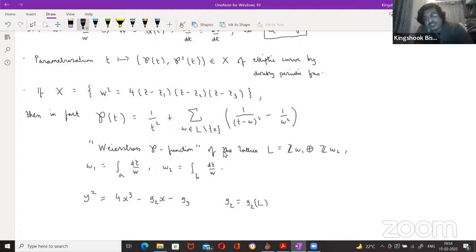So the coefficients I can think of as functions of the lattice. What you can show is that y is P prime and x is P.